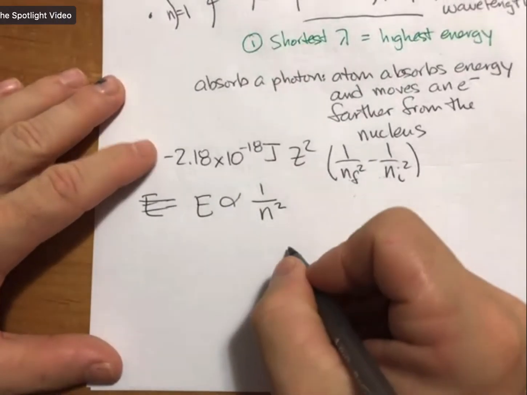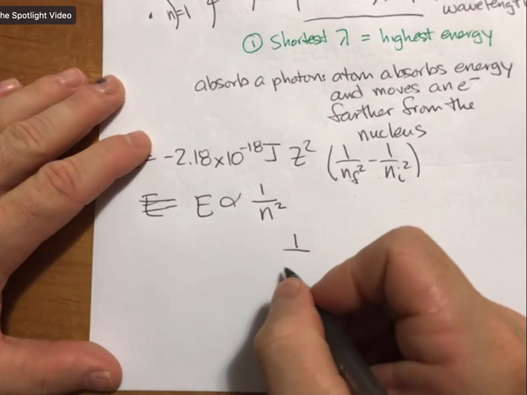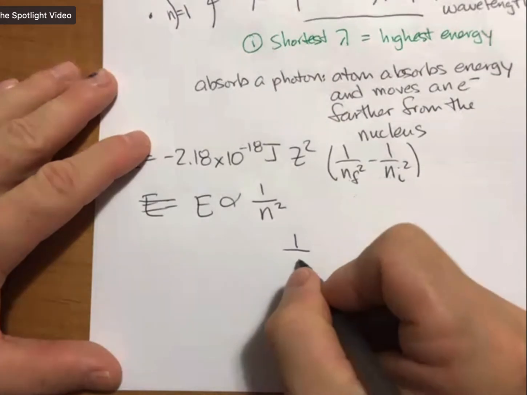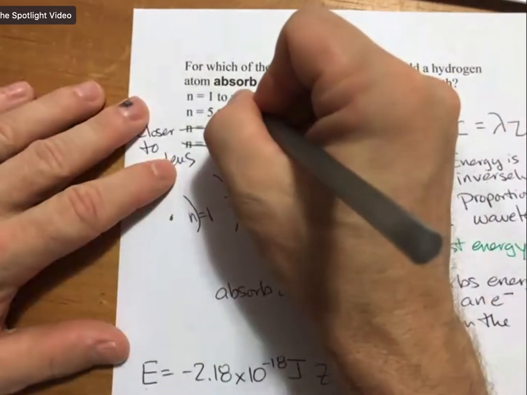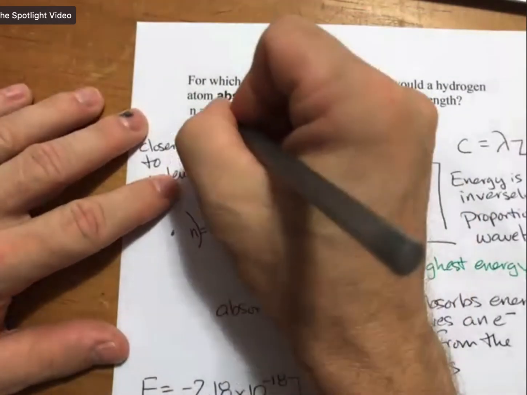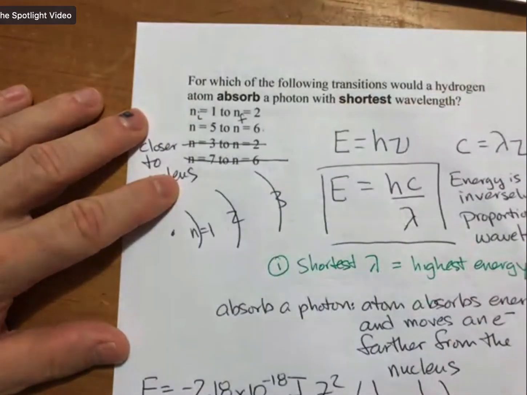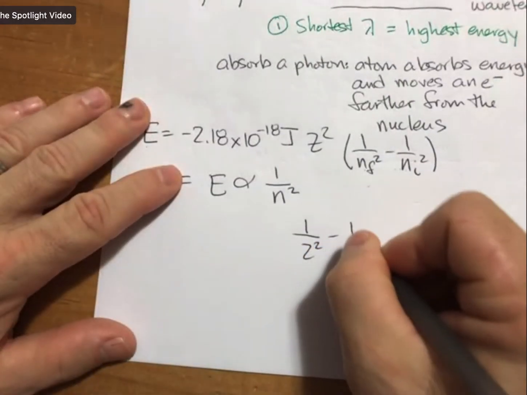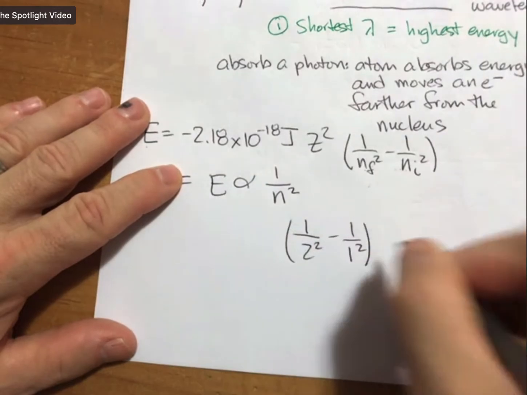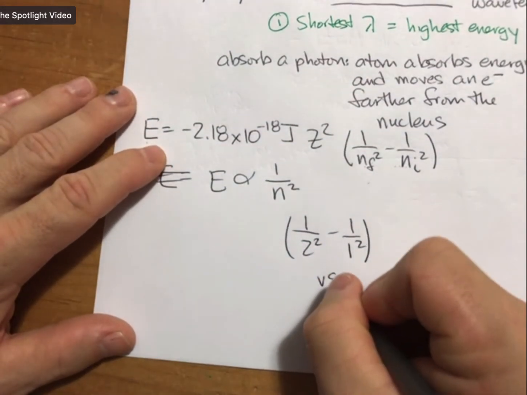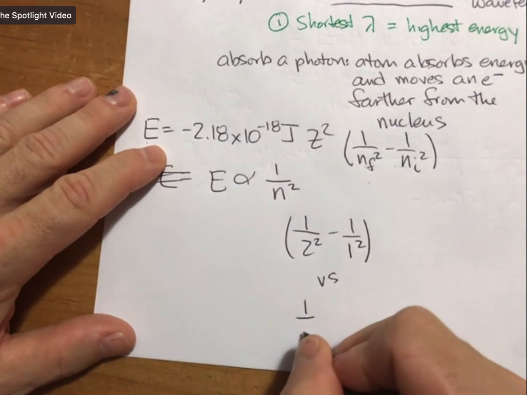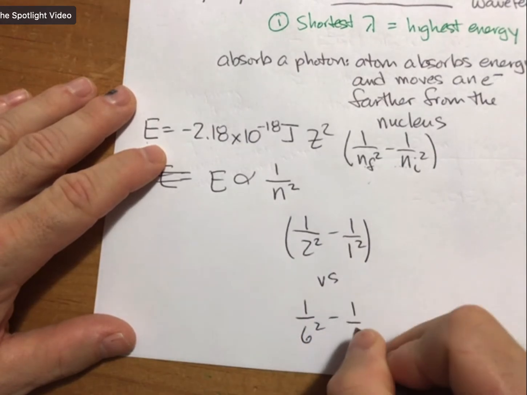So if we do 1 over, let's see, this is going to be my final and this is going to be my initial. So 1 over 2 squared minus 1 over 1 squared versus 1 over 6 squared minus 1 over 5 squared.